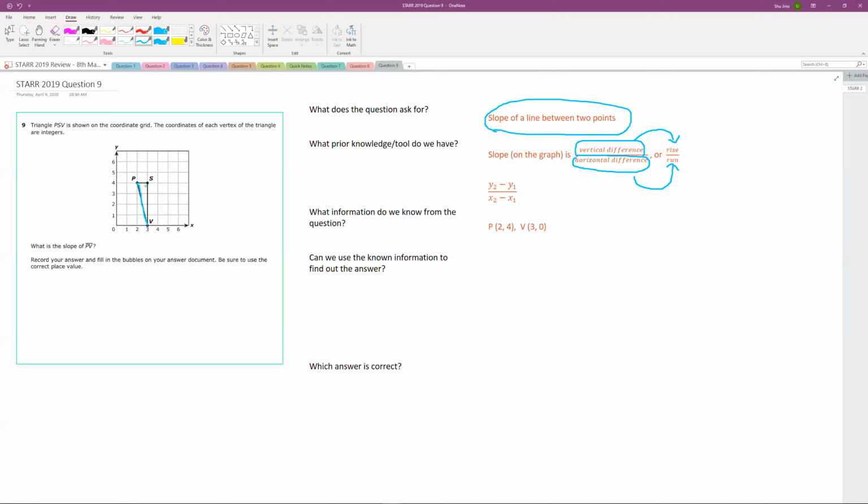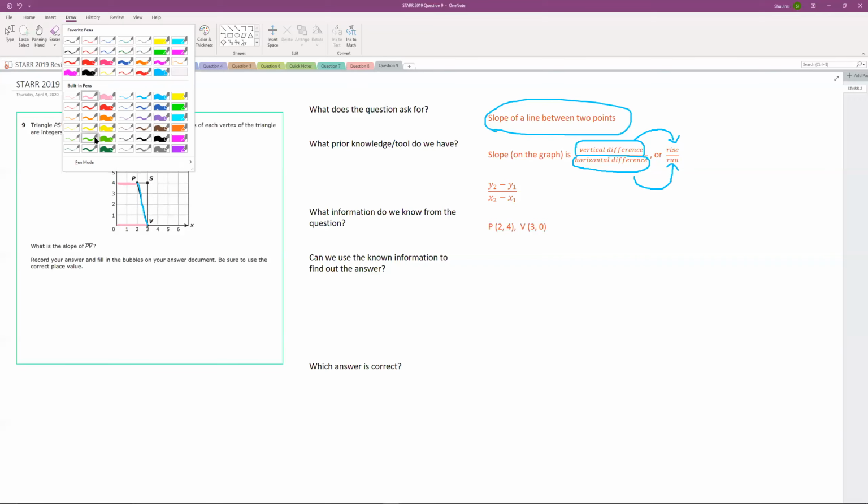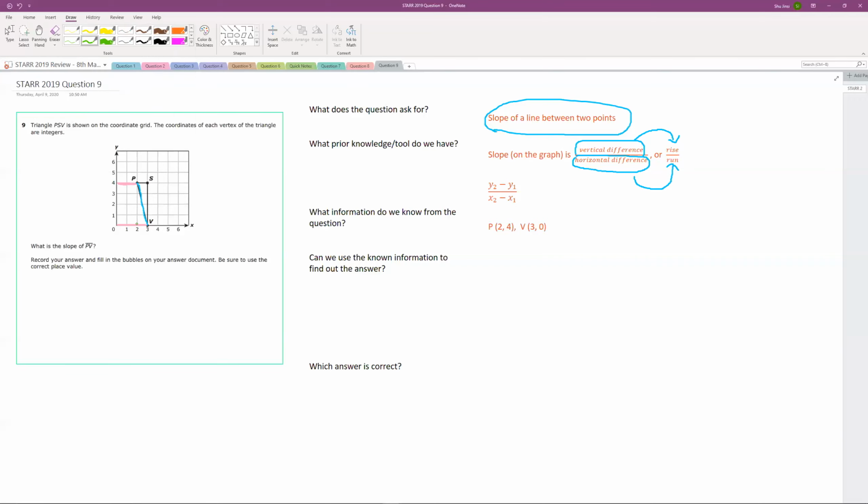And since we are looking at 2 points, the vertical difference is the difference between the vertical levels of the 2 points, and the horizontal difference is the difference between their horizontal positions.